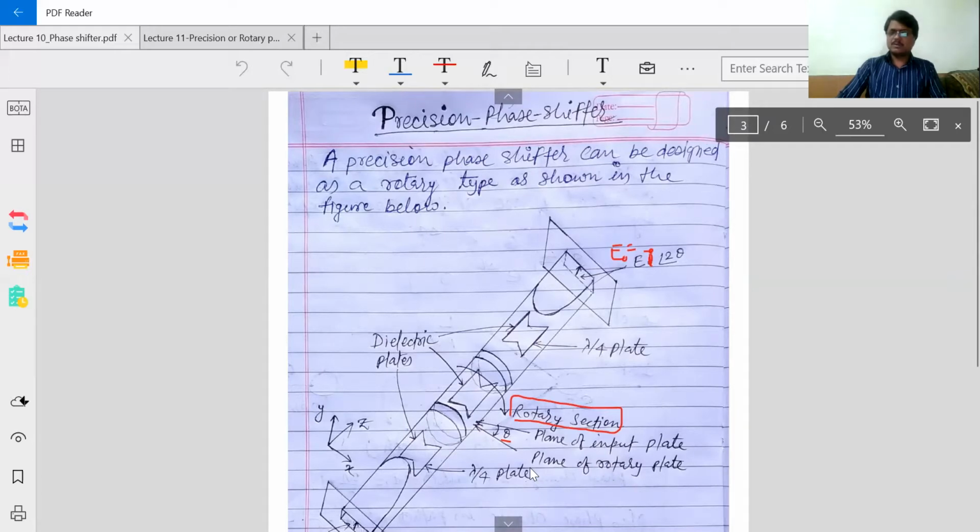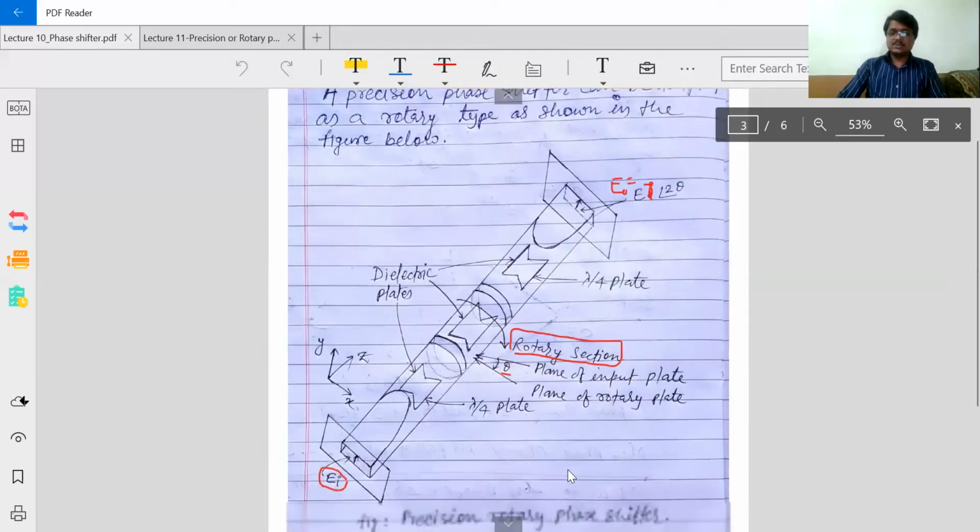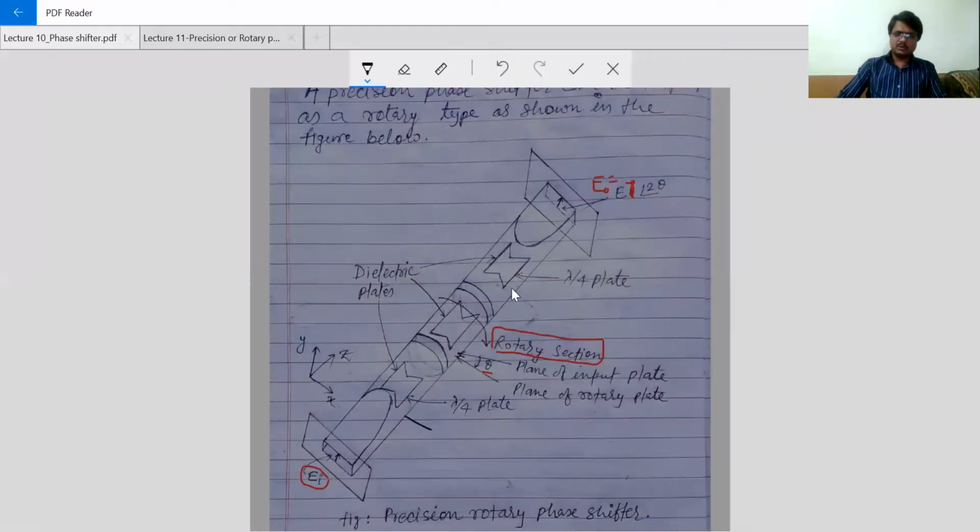But here it is the precision phase shifter. What is the precision phase shifter? It gives the desired phase shift. So here it is the construction of the precision phase shifter. Here you can see at both ends, at the input and at the output, it is a rectangular waveguide, and in between, from this point to this point, it is a circular waveguide.